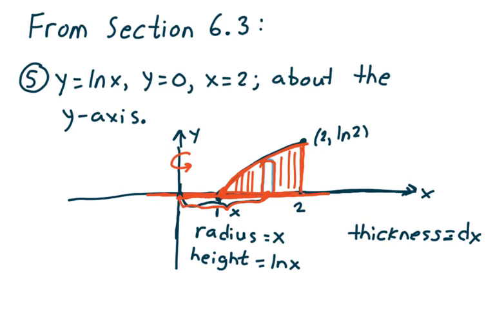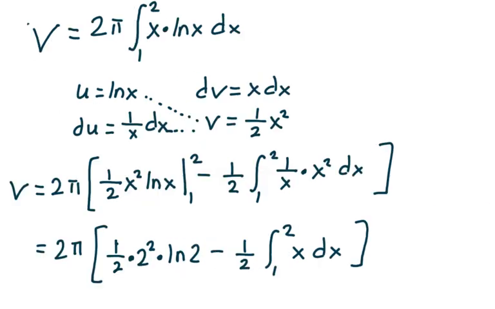And so the radius is x. The thickness is dx. Now we're set. The volume is 2 pi times the integral from 1 to 2 of x times natural log of x dx. And this is a classic integration by parts problem.